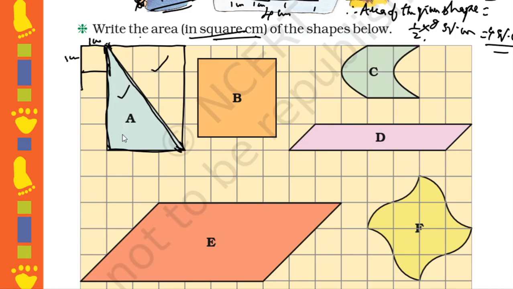To find the area of this triangle, as we know, what is the area of a triangle? It is exactly half of the area of the rectangle, isn't it?